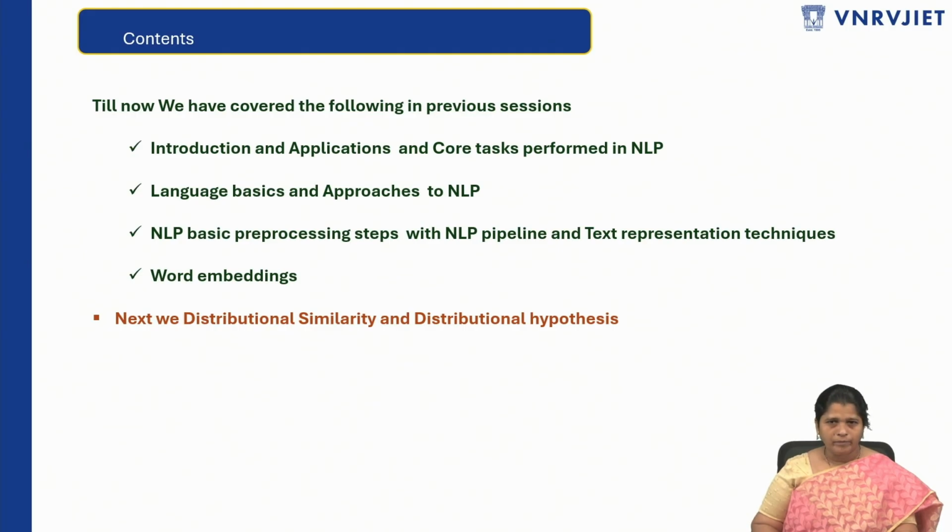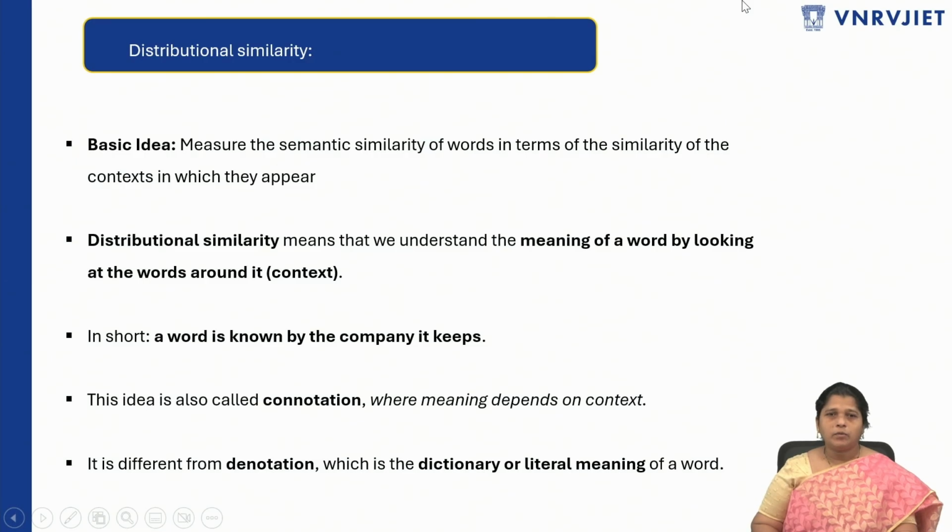In this short video lecture, we are going to see what it is about, how we can use it in different contexts, and how context carries more weightage in NLP pre-processing and processing applications. The basic idea of distributional similarity is how we measure the semantic similarity between words.